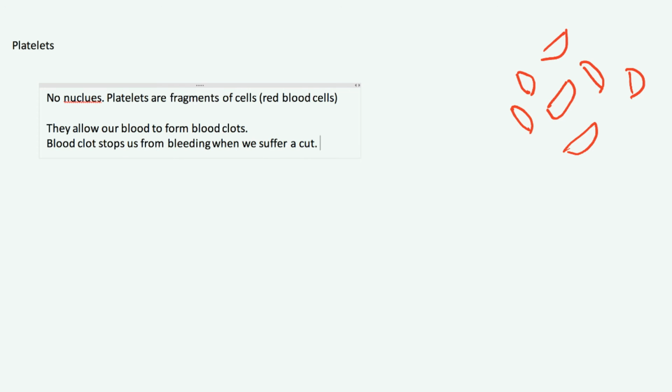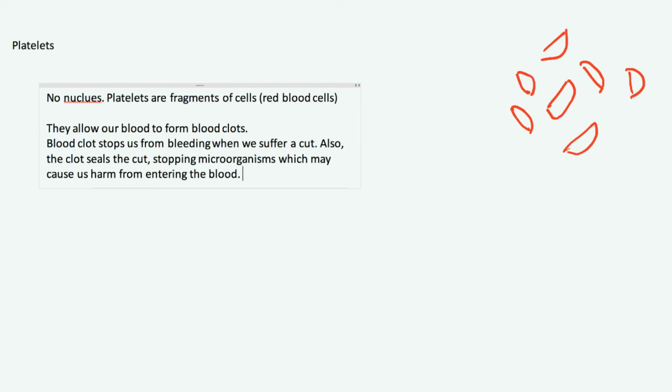Also, the clot seals the cut, stopping microorganisms which may cause us harm from entering the blood. Okay, so that's what they do.